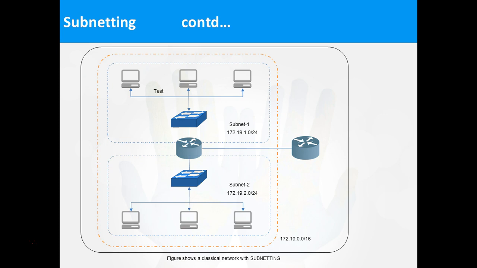Now, in this picture, you can see that the entire network, 172.19.0.0, is divided into two sub-networks. These are called subnets or subdivided networks, and this reduces the complexity, management and troubleshooting.